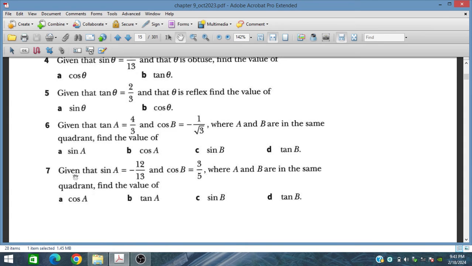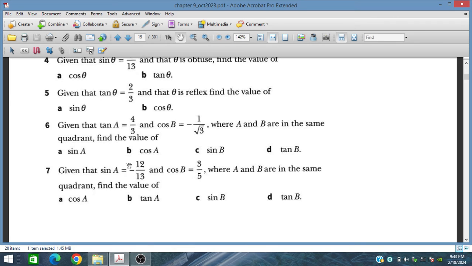Let's solve question number 7, where we have sine A is equal to minus 12 upon 13 and cos B is equal to 3 upon 5, where A and B are in the same quadrant. So sine A is negative while cos is positive. We know that sine is negative in the fourth quadrant while cos is positive in the fourth quadrant.